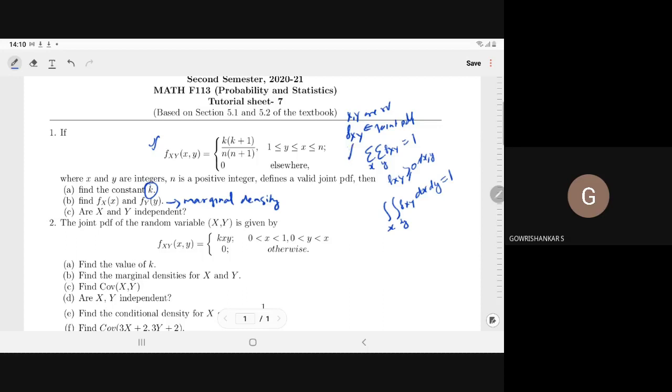Here we have the PDF for two variables, but here we have the PDF for a single variable, meaning how x is varying or how y is varying. You can judge that independently with the help of the marginal density. So marginal density gives the distribution or density for a single variable.